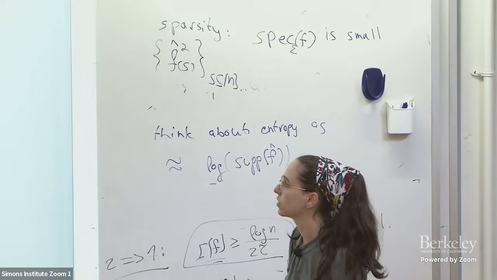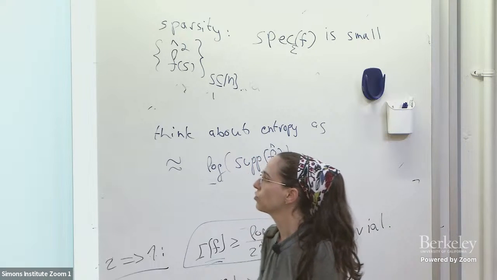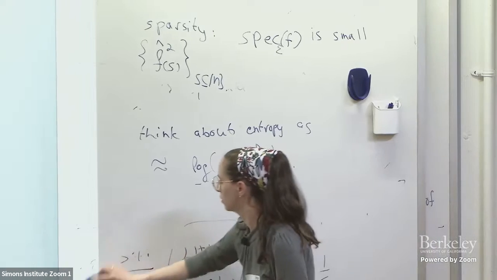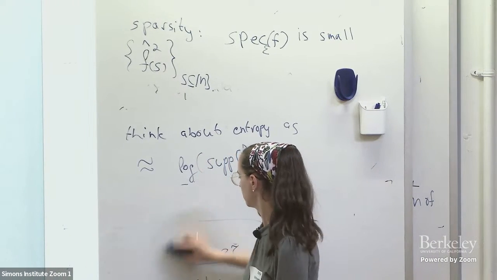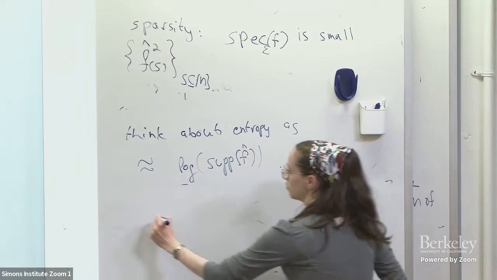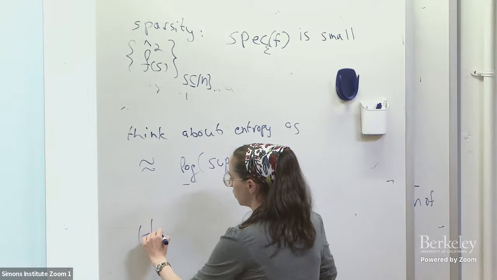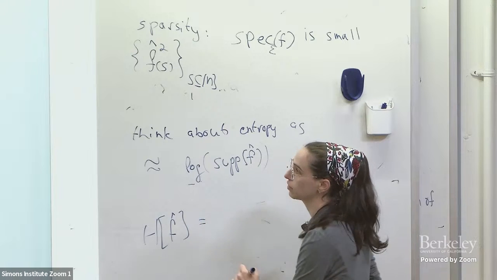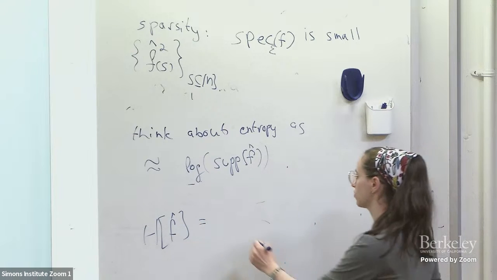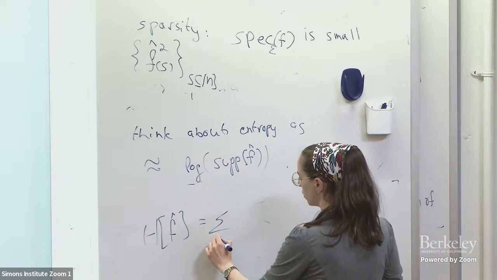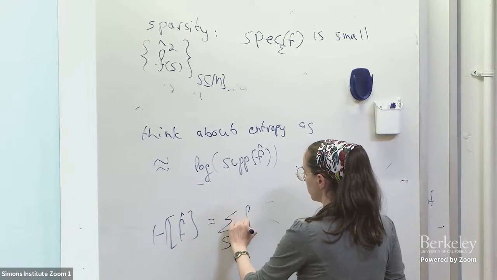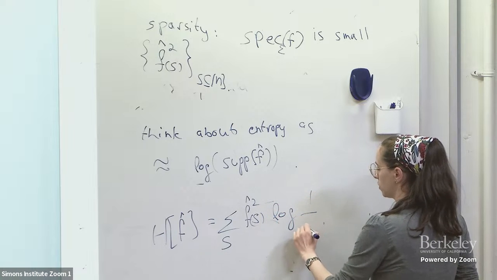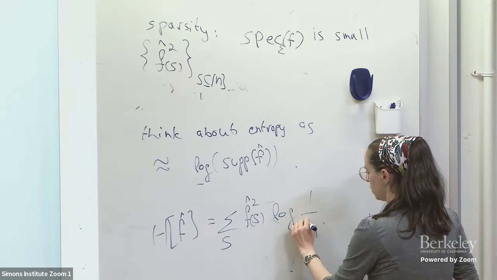The formal definition: usually we don't write it with expectation, maybe it was because I didn't have enough space in this slide. So the Shannon entropy of any distribution, and specifically the Fourier distribution, is a summation over all the probabilities p times log of 1 over p.